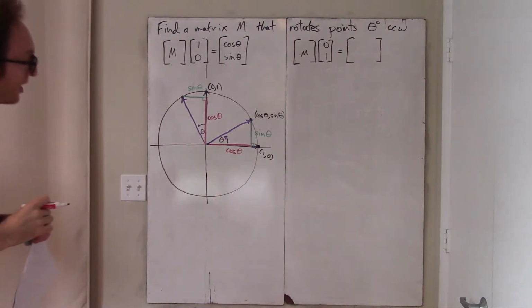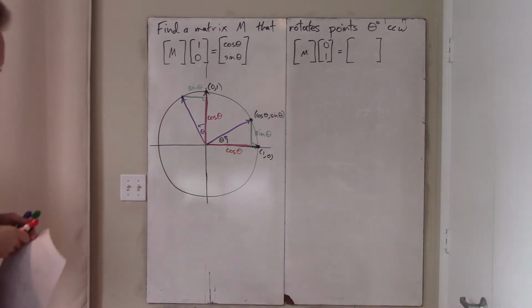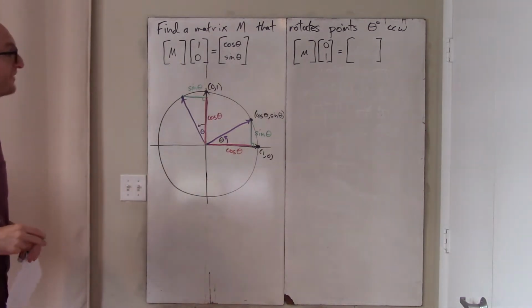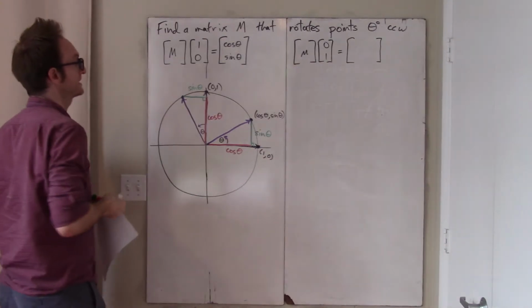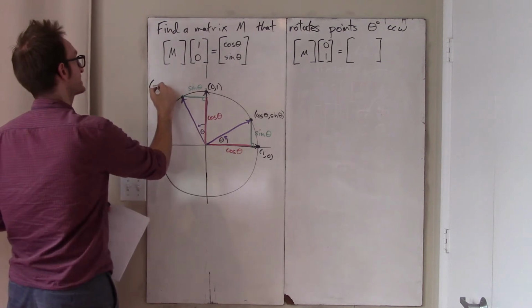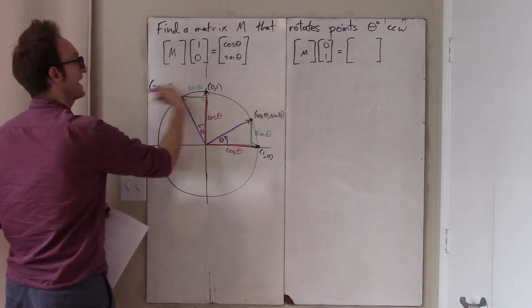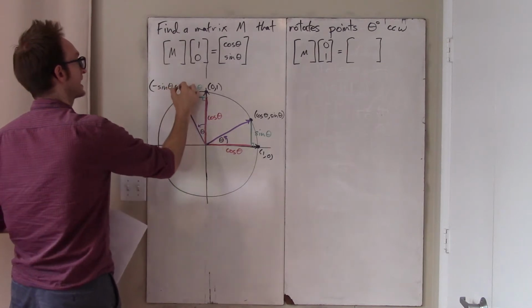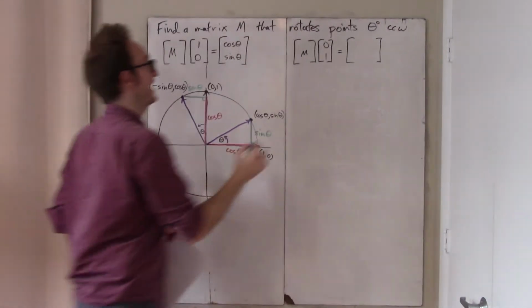And so, if you take the point (0, 1) and rotate it theta degrees, it's simply a fact of geometry that you end up with this point here, which has x-coordinate negative sine theta and y-coordinate cosine theta. And that is the answer.